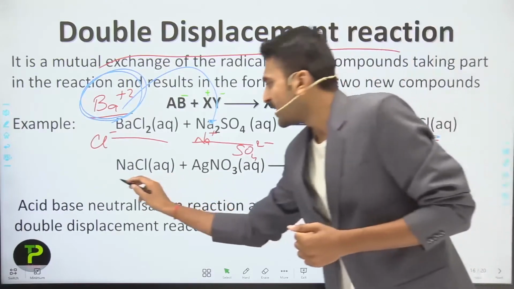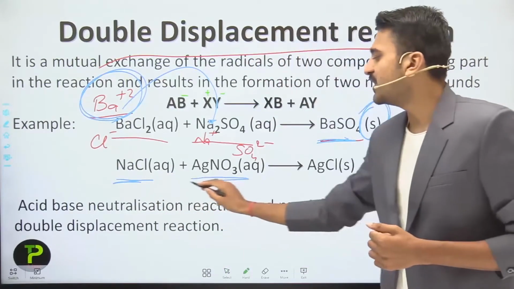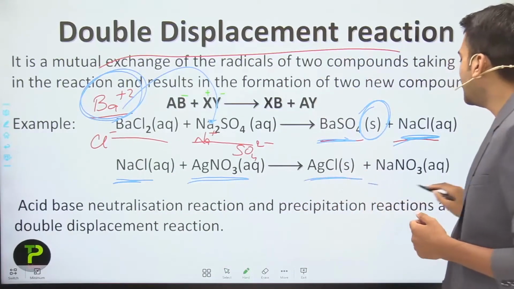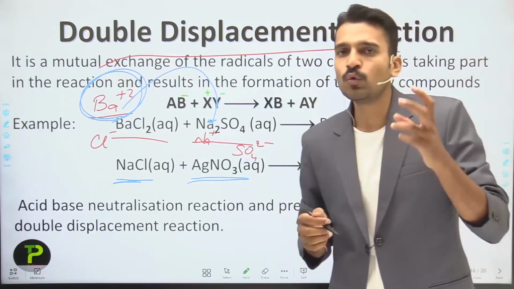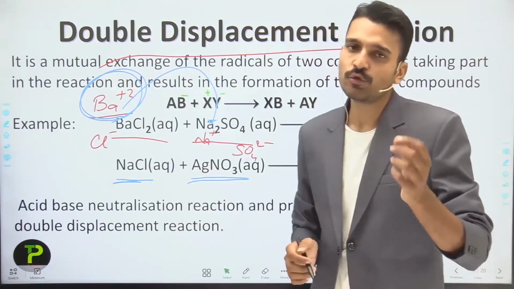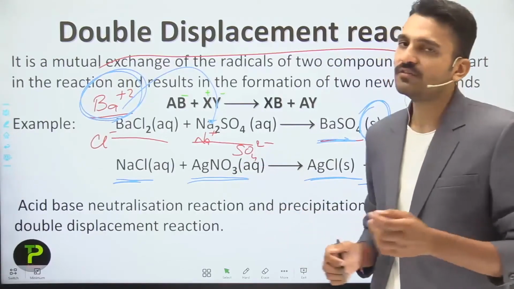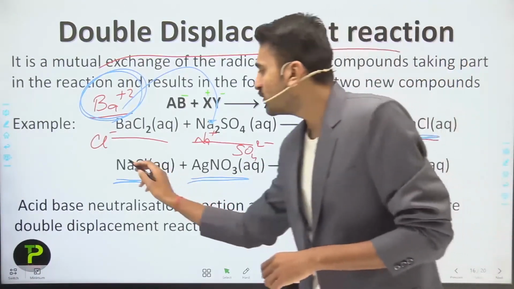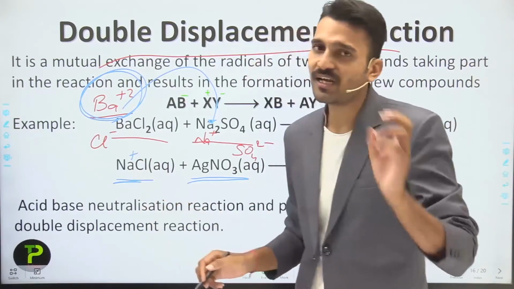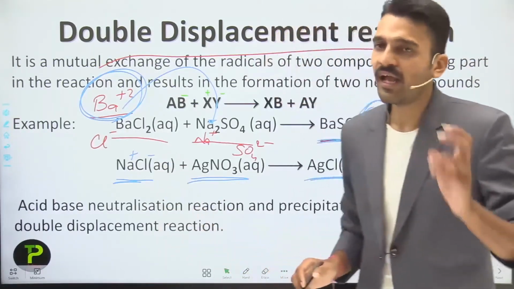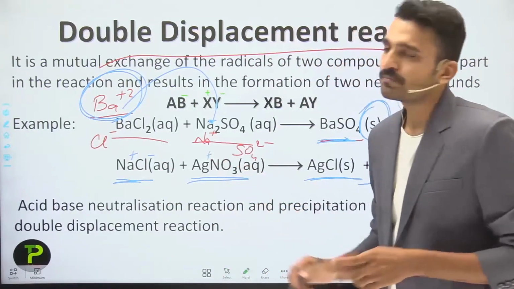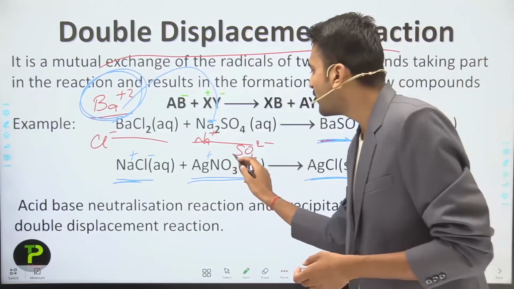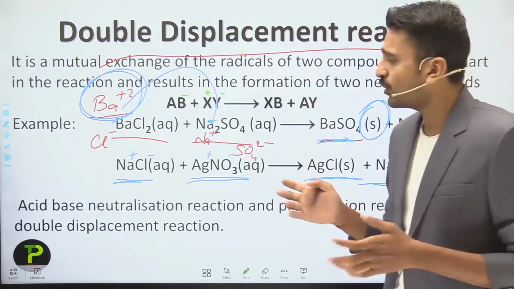Next, NaCl on reacting with AgNO3 forms AgCl and NaNO3. So here you see two compounds, NaCl, which is sodium chloride, reacting with AgNO3, which is silver nitrate. Na plus is a cation, Cl minus is an anion. In the other, Ag plus is also a cation, and NO3 minus is an anion. So what is happening here?